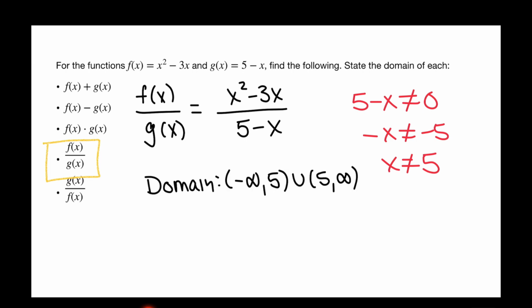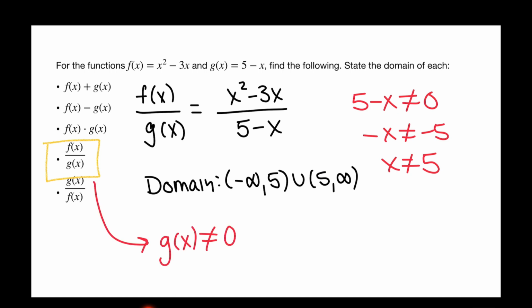So my domain is all numbers except for 5. I can write that in interval notation as negative infinity to 5, union 5 to infinity, making sure I'm using parentheses with the 5s to indicate that 5 is not actually part of that domain. So the domain is everything except for 5.